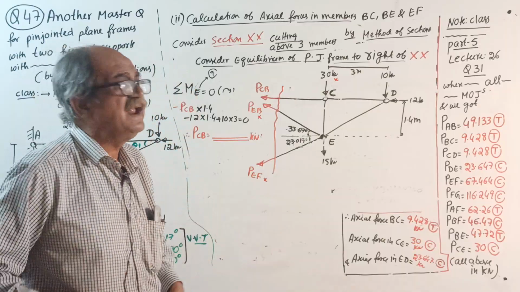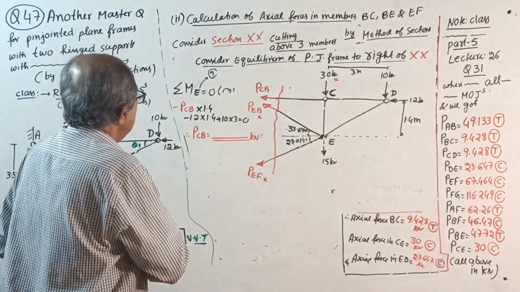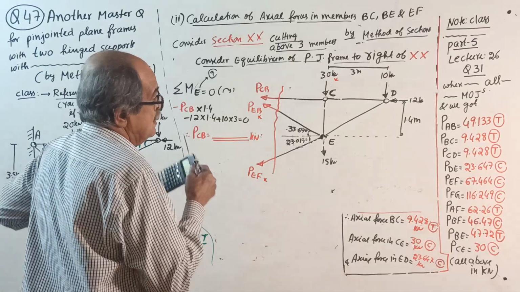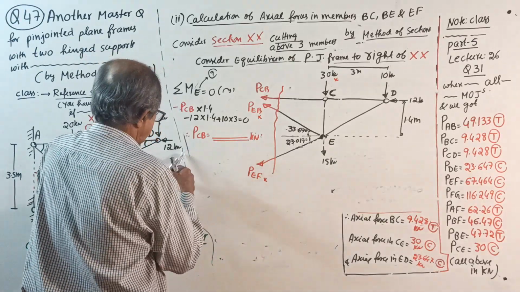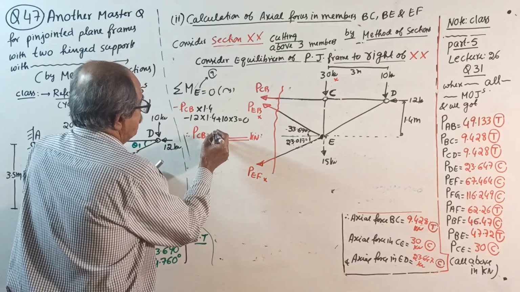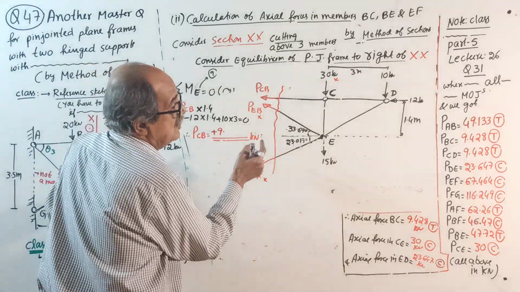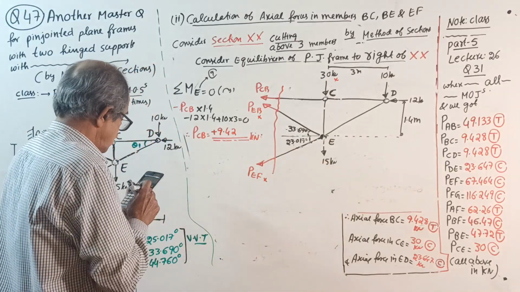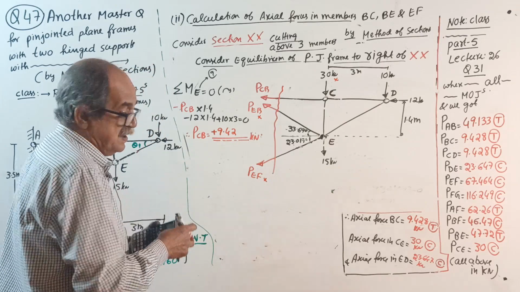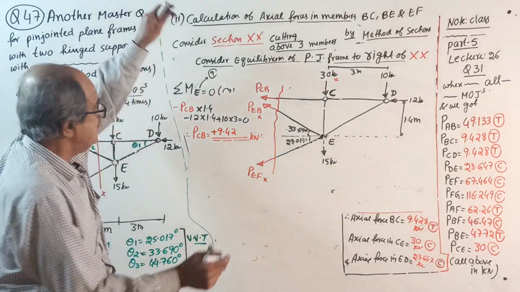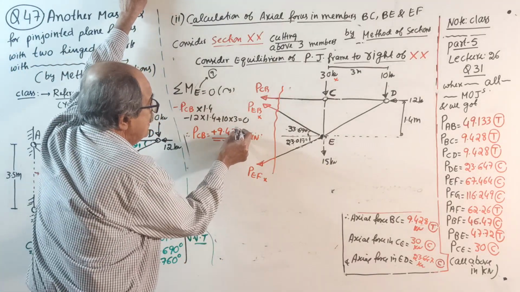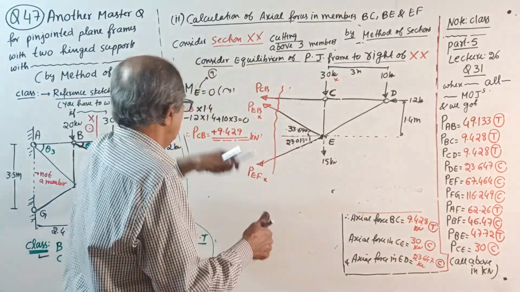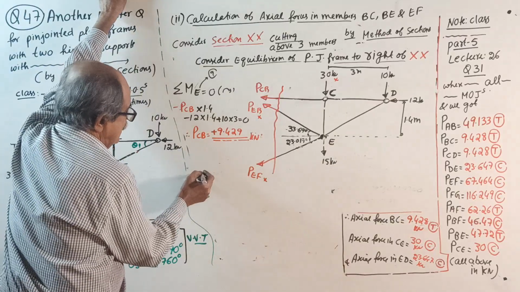Whatever you get, don't just see the answer, check the sign. The answer has a plus sign only. Third decimal is 429. Actually 4285. So okay, see here. That's okay.